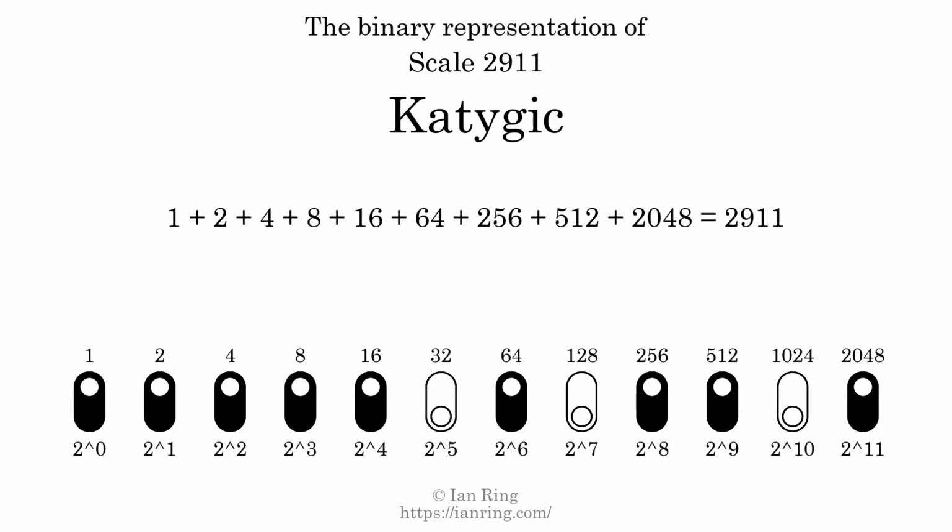The powers of 2 that are present in the scale, all added together, equals 2911. That is why the scale number, in decimal, is 2911. The scale number not only enumerates the scale with a unique index, but it also literally describes the tonal content of the scale.